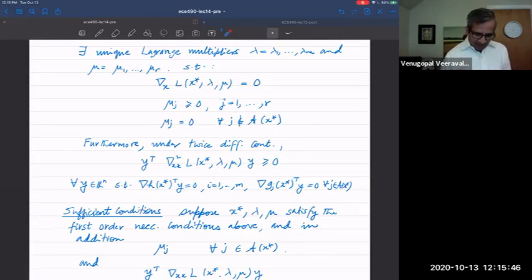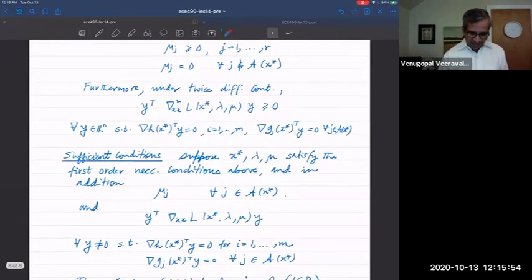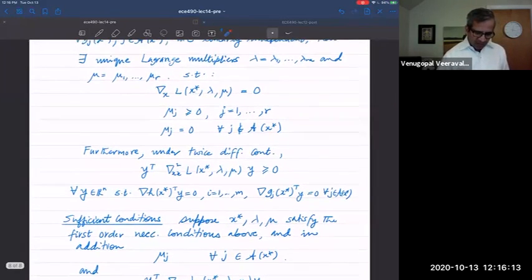well. Okay. Now there's a corresponding sufficiency condition, which is what you would actually use in looking for local minima or testing if something is a local minimum and so on. In the sufficiency condition, we first actually have to make sure that the first order necessary conditions are satisfied.